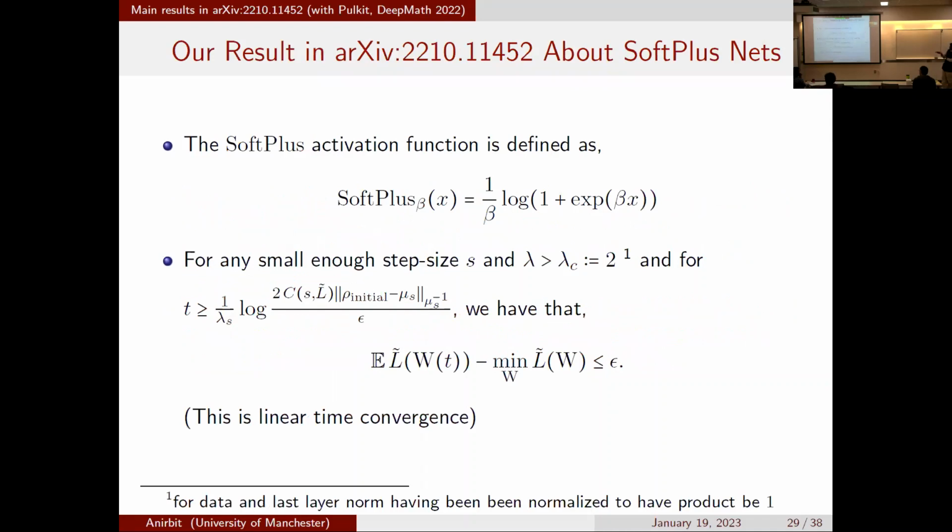And that gives you a linear time convergence of the SDE to the global minima of the loss function. This part we do not know how to convert into discrete time at this point, because with the softplus, I can't get gradient Lipschitz smoothness. Okay.